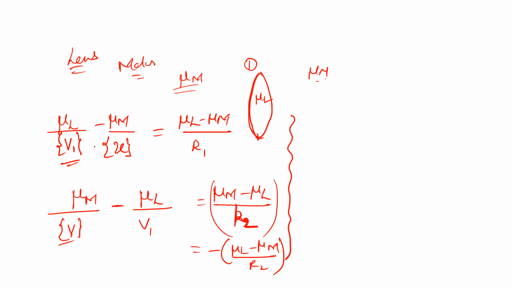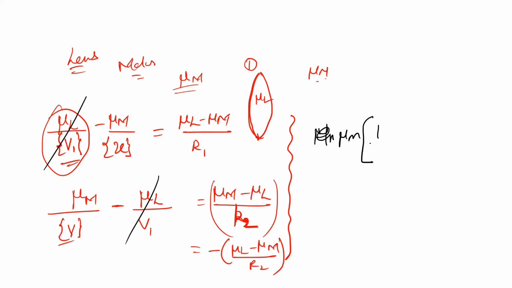If you add, what will happen? This one will get cancelled. The answer will be mu M, if I take common, 1 by v minus 1 by u is equal to mu L minus mu M, if I take common, into 1 by R1 minus 1 by R2.